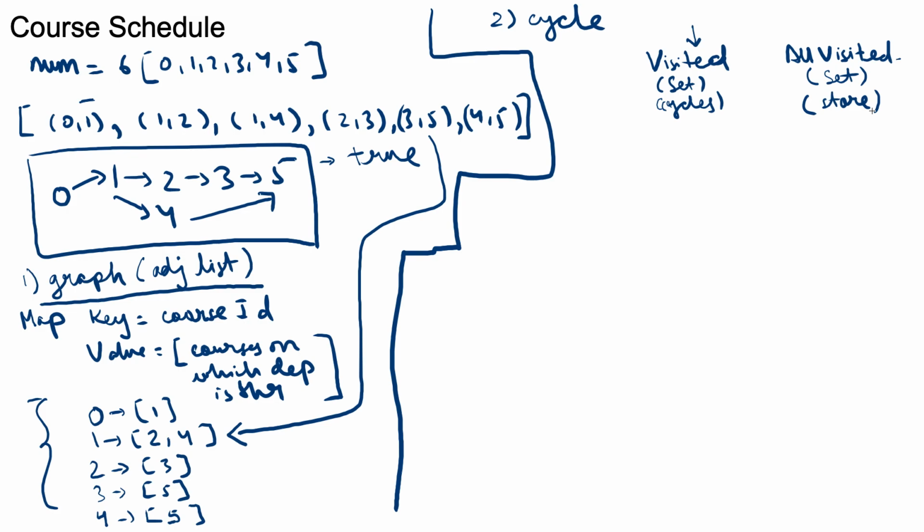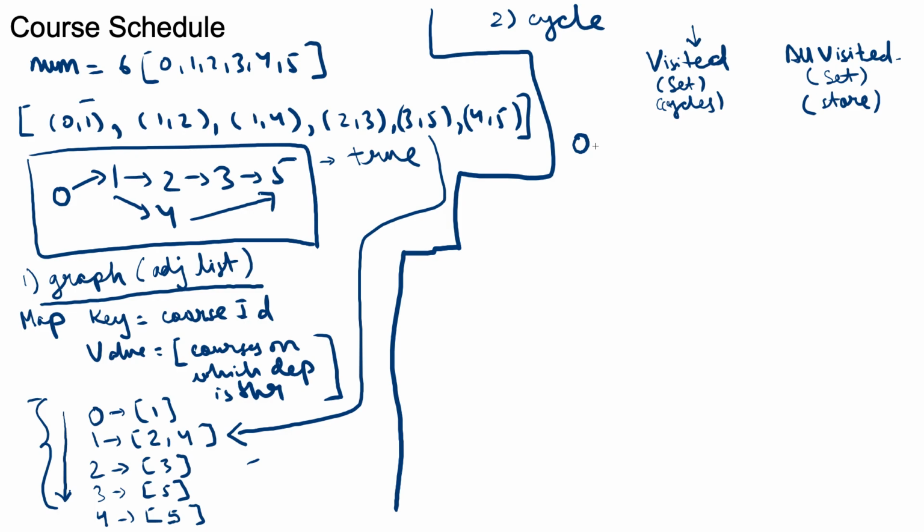Now with this in mind, let's start iterating our graph which we have created here. First we will go through the first key, which is the 0th course ID. The order is not important, but we have to choose one order so that we can at least start our computation. The result will always be the same.